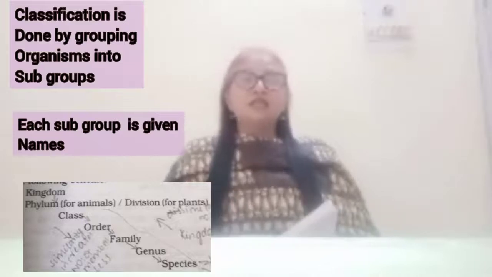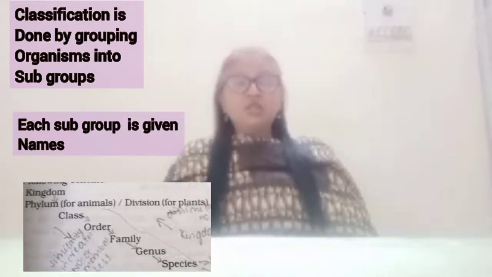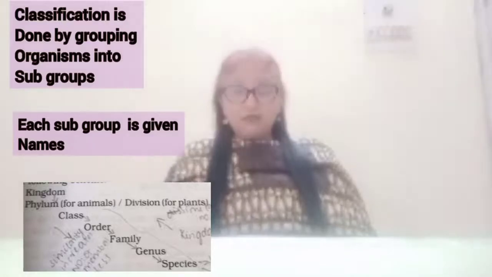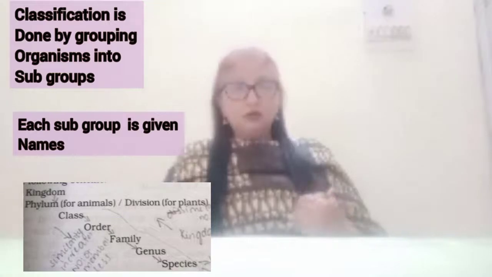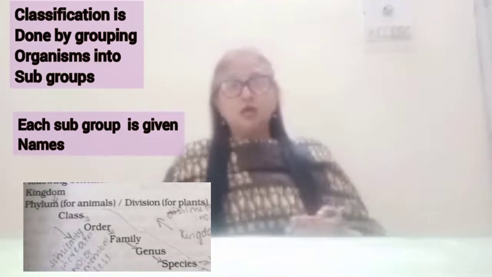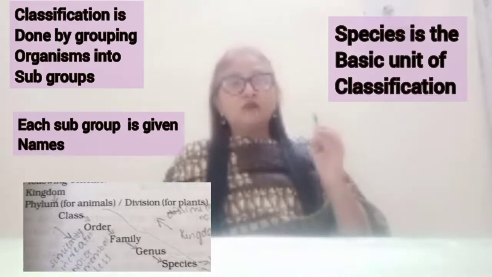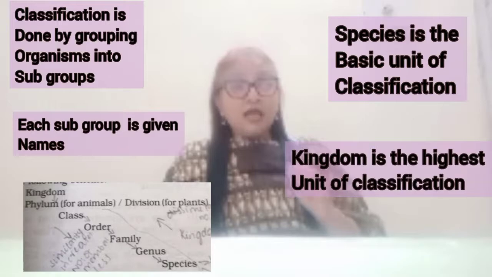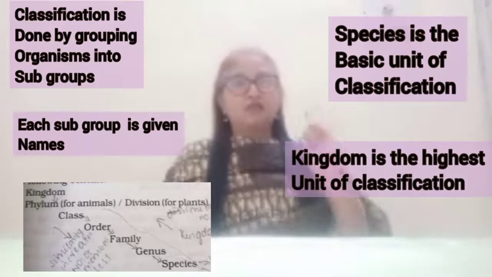Phylum in the case of animals and division in the case of plants. Followed by class, order, family, genus and then species. Therefore, species is known as the basic unit of classification, while kingdom is the highest unit of classification.